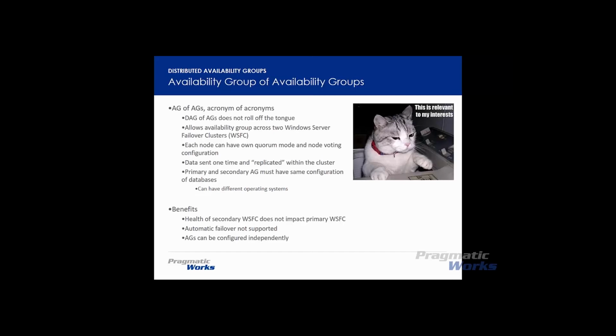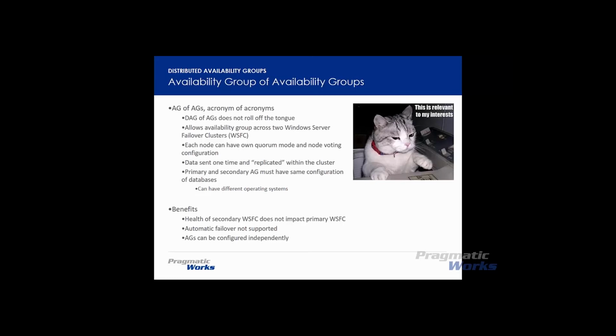Another cool feature is that data is sent once and replicated within the cluster. For instance, I was talking to a customer recently who was debating having a 4-node setup at their primary data center and a 4-node setup at their backup data center. We talked about using this, and one of the selling points was that the data traveled the wire from the primary to the backup data center once, even though there were 4 machines over there.